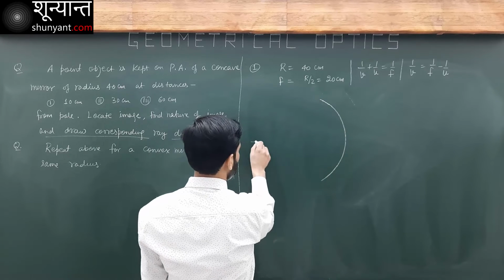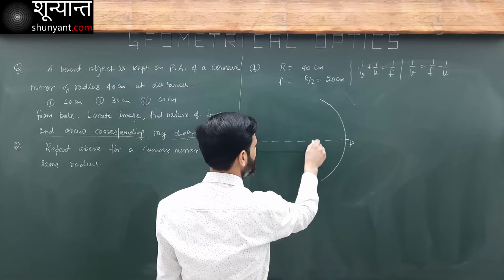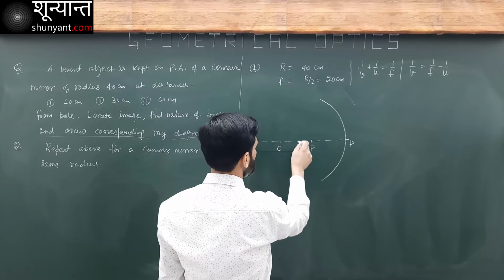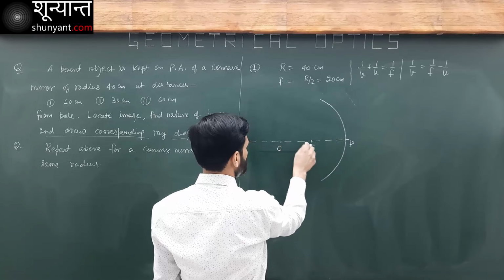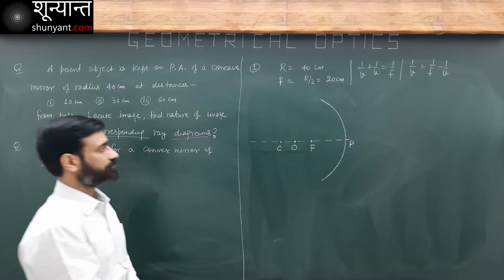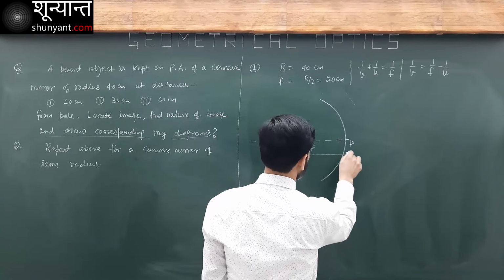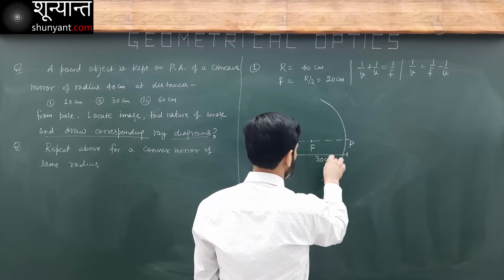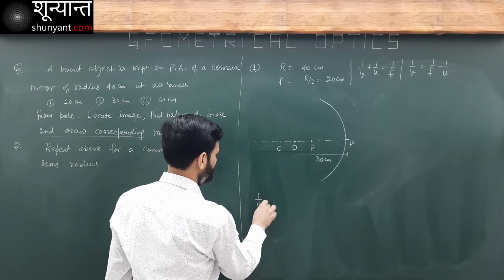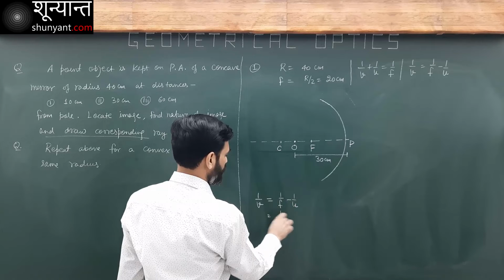So this is my mirror, principal axis, pole, this is focus, this is center, this is 20. Object is somewhere here, this is my object O. The distance here is 30 centimeter. What will be the image? 1 over V is equal to 1 over F minus 1 over U. What is F?